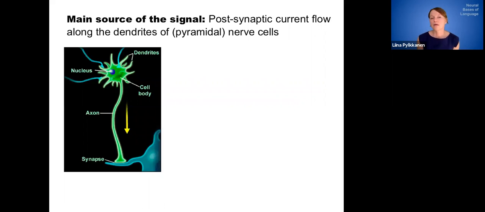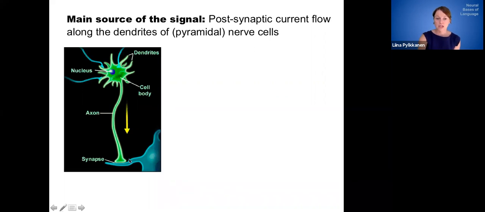Okay, so the main source of the signal for both techniques is postsynaptic current flow along the dendrites of nerve cells, and in particular, certain shaped nerve cells more than others, so pyramidal nerve cells, but you don't have to worry about that too much. So here we have our neuron that we've already taken a look at.